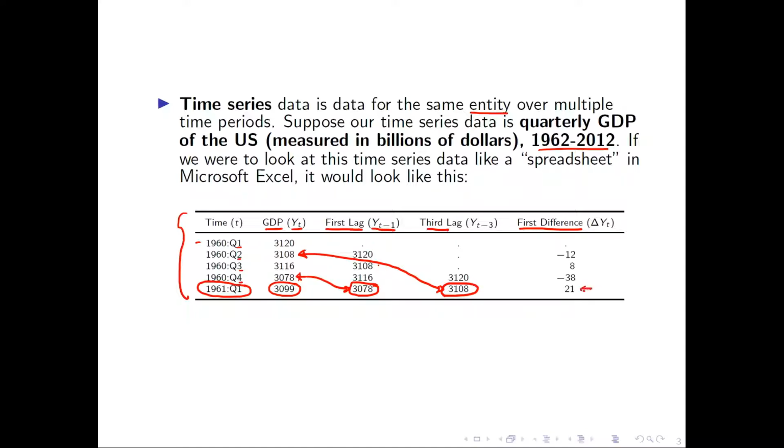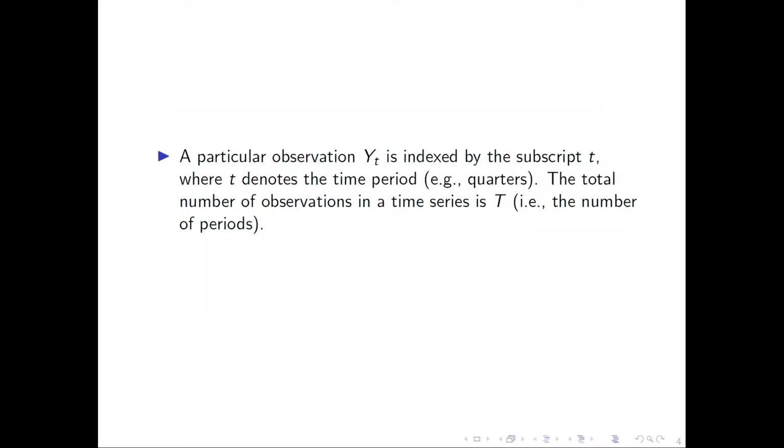So this would be 30.99 minus 30.78. So what you noticed from the table was that at a particular observation, y is just indexed by the subscript t.